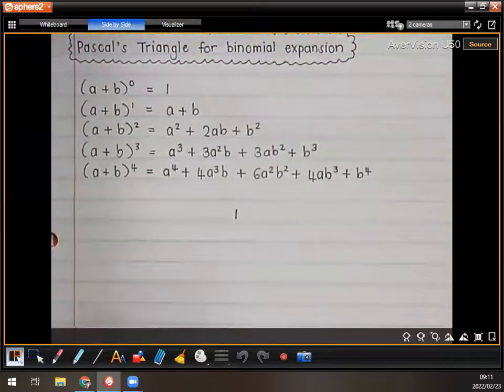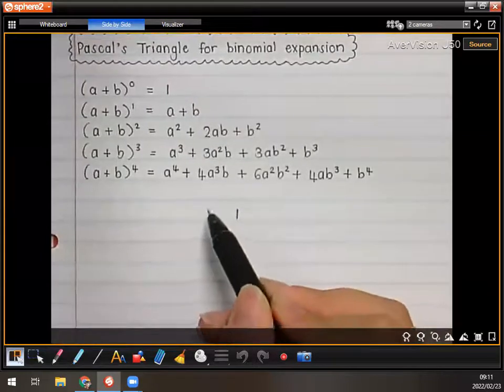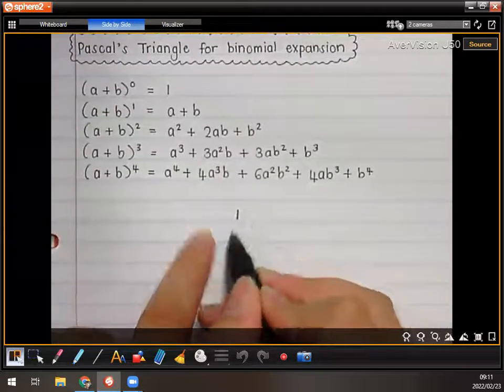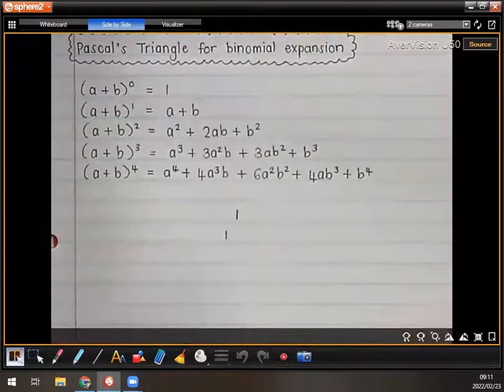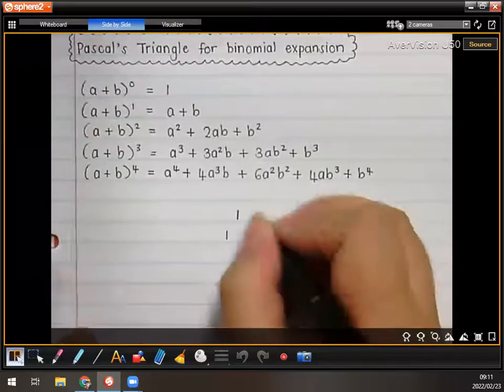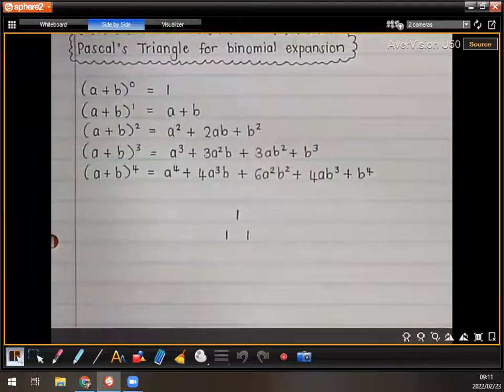Then to get the next numbers, you just add the numbers on either side. We say that there's a 0 there and a 0 there, because there's nothing. So if I say 0 plus 1, I'm going to get a 1. And if I say this 1 plus this 0, which isn't actually there, we're going to get another 1.